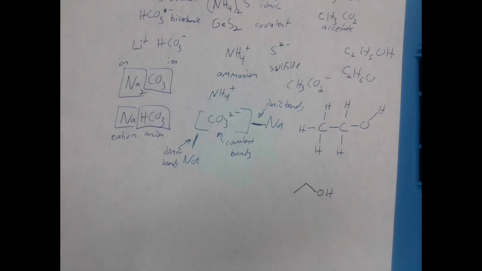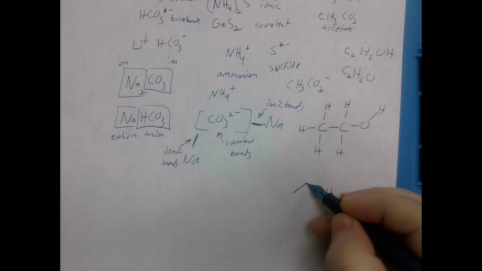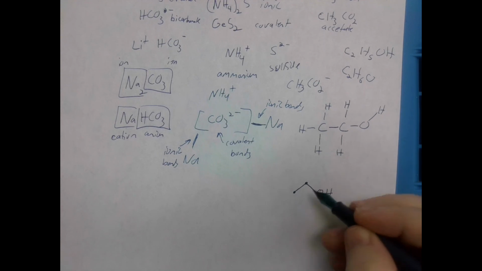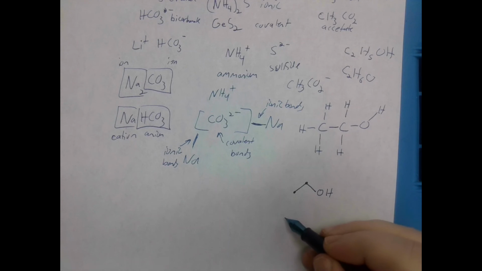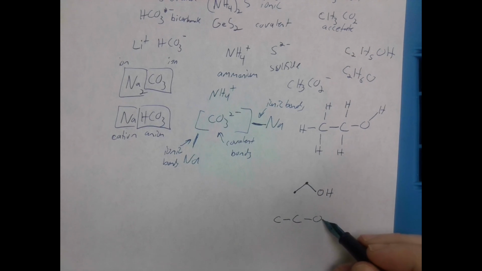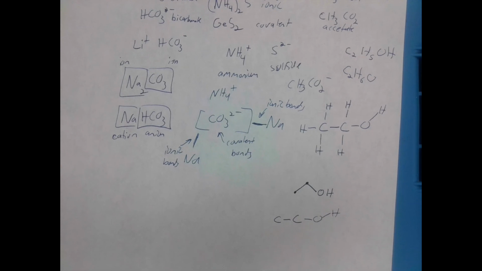I'm thinking at the end of the year teaching y'all this notation too. Every intersection or every end point of a line is a carbon. So right here is a carbon and a carbon. And unless we have another molecule attached to it, we have to complete the octet rule.